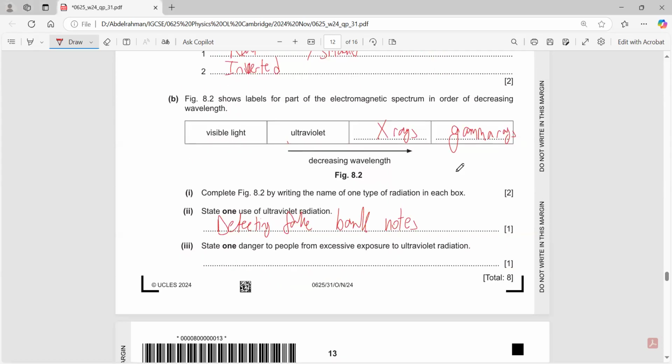One danger from the excessive exposure of ultraviolet radiation: it can damage cells. Yes, it can damage cells. It can kill healthy cells. Cancer would be more of gamma rays, not ultraviolet rays.